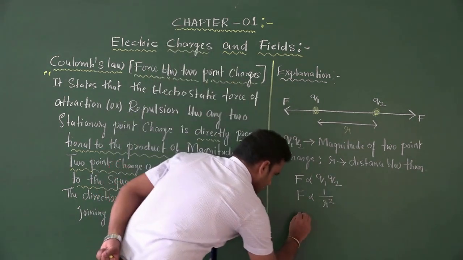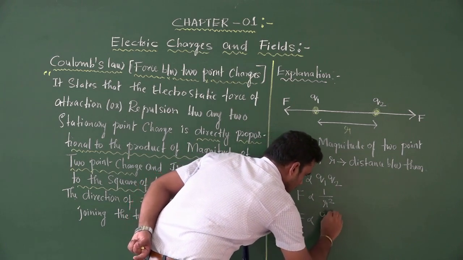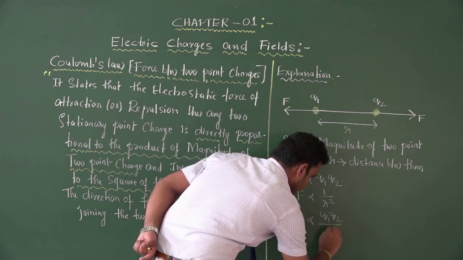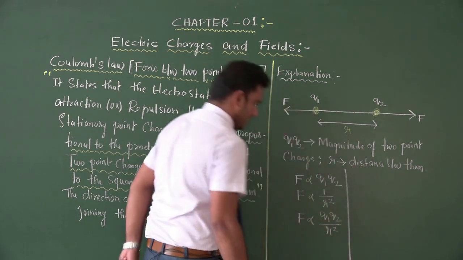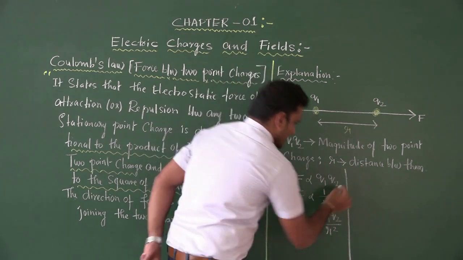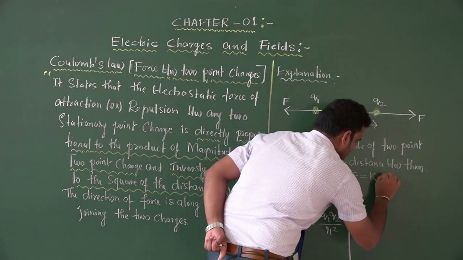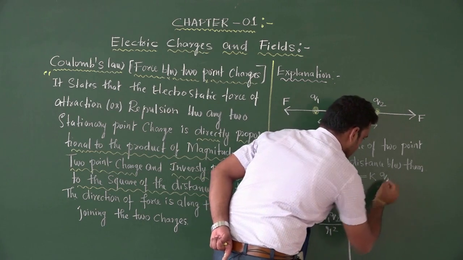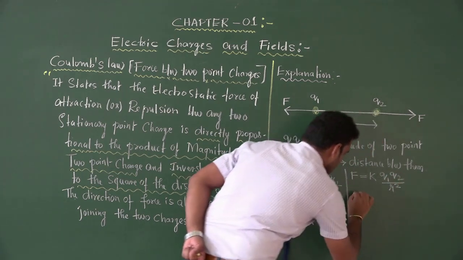I'll rewrite the equation: F proportional to Q1 Q2 divided by r square. To remove this proportionality, I am using a constant k. Then it becomes F is equal to k Q1 Q2 divided by r square.